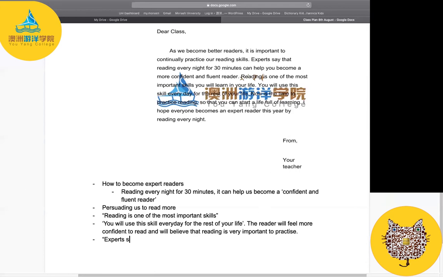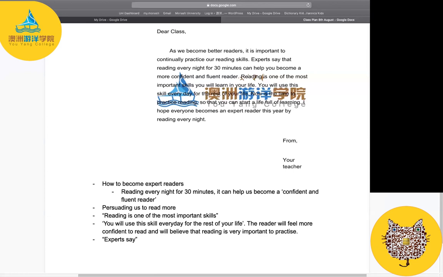Experts say. Let me ask all of you a question. If you wanted advice on how to do something, would you approach a normal 10-year-old person or would you approach an expert? Expert. Why would you approach an expert instead of a 10-year-old? So they can teach us what they know. And we can get better if they teach us.